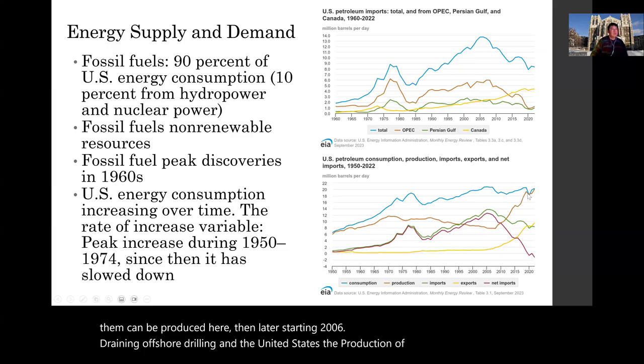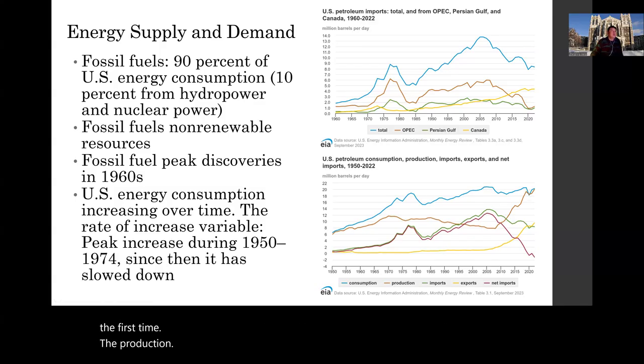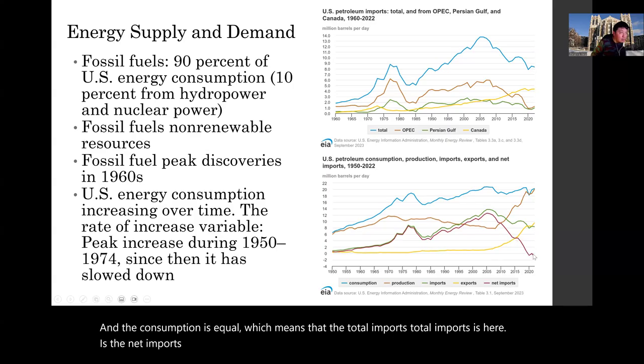By about 2020, for the first time, production and consumption are equal, which means the net imports are reduced to zero. It's the first time we do not rely on imports from other countries.